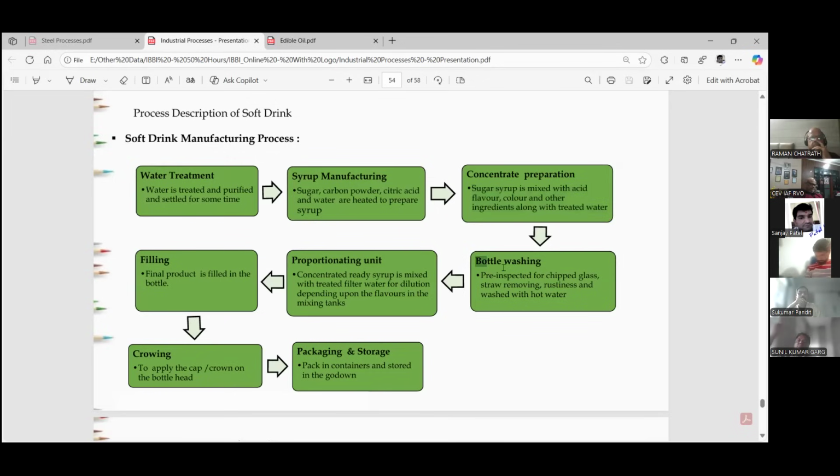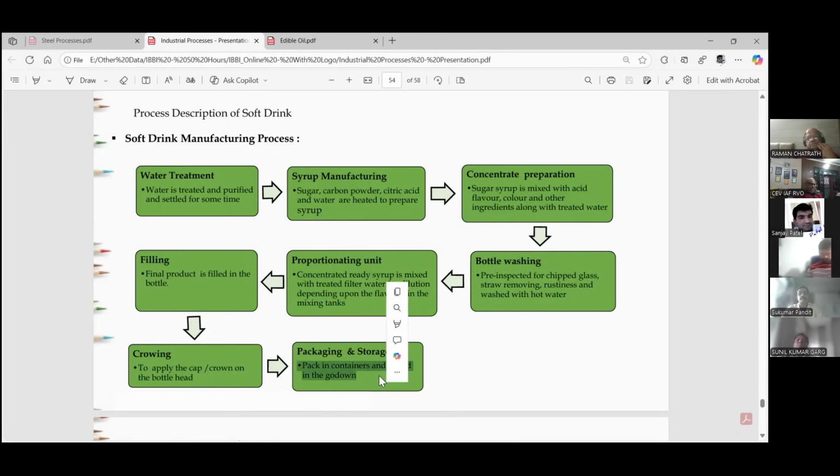So bottle washing and cleaning process happens. Then concentrated syrup is filled with the carbonization process. After carbonization, crowning is done, and there is printing of a batch number and code number, then it goes for packing and storage.